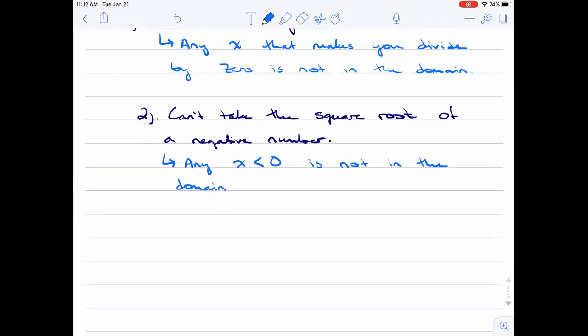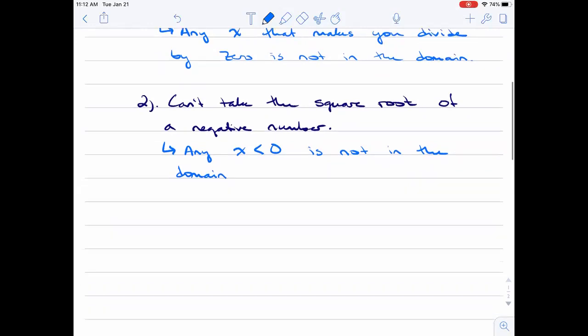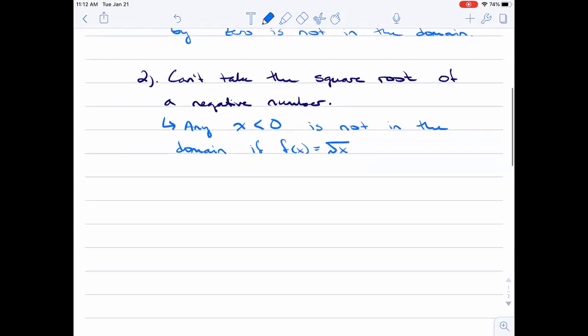If we're talking about the square root of x, right? And so if f of x is the square root of x, but in general, anything under the square root that is less than 0 is out of the domain.